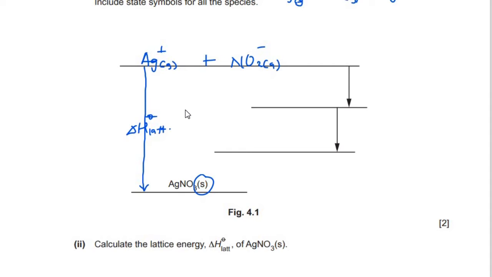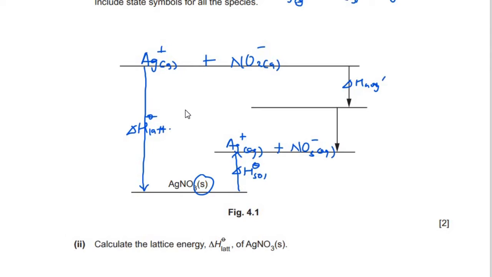Okay, so from here we also need to relate the solution. So solution has to be an arrow going up showing the silver ions in aqueous form and nitrate ions in aqueous form, that's called the enthalpy change of solution of the whole compound. But then we also have to relate the hydration of the ions. So first we can write hydration of, say, silver ions.